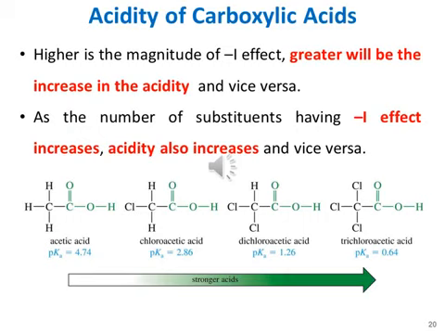So in trichloroacetic acid, the magnitude of the negative inductive effect is higher than in chloroacetic acid. So trichloroacetic acid is more powerful, or you may say it is 32 times stronger than acetic acid by virtue of the negative inductive effect produced by the three chloro substituents.